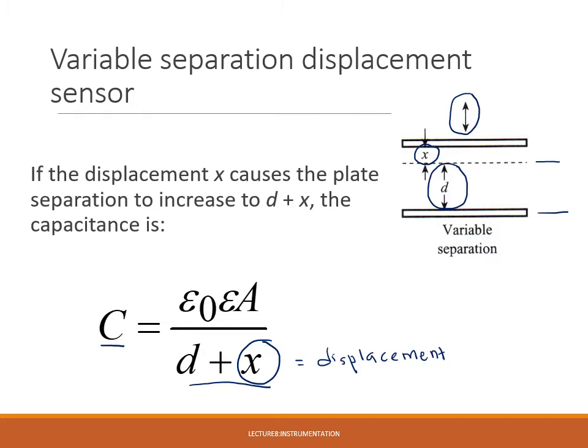Here we can use this kind of method to design a displacement sensor, like a push-pull displacement sensor, where based on the location of the probe, it will give you different displacement, then eventually a different capacitance value.